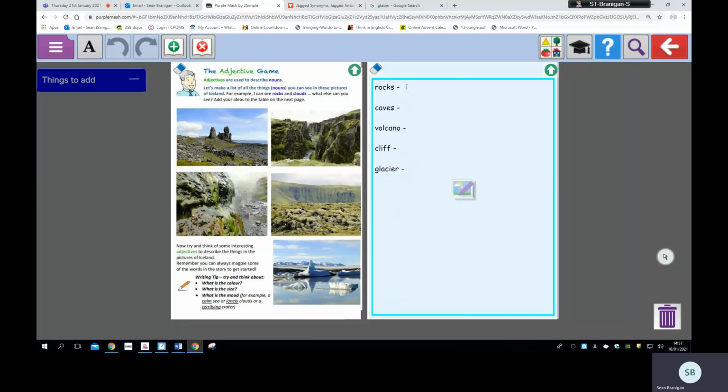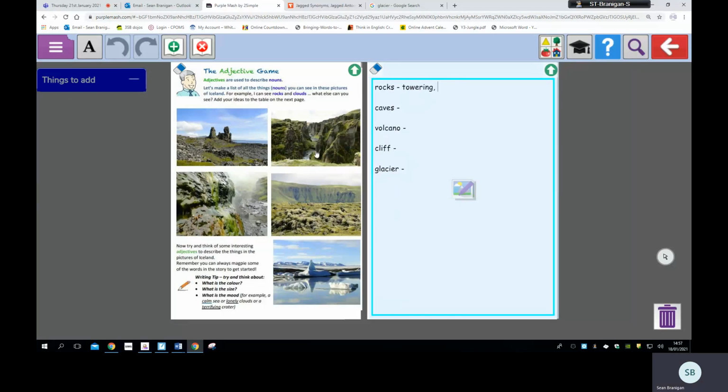So, let me have a go. I'm going to have a go at a few just to show you what I'm looking for. So, rocks. I'm looking at the rocks in all the pictures. Now, I could say that these rocks here look like they're towering over the valley below. See this valley?